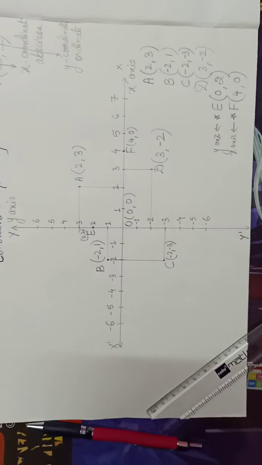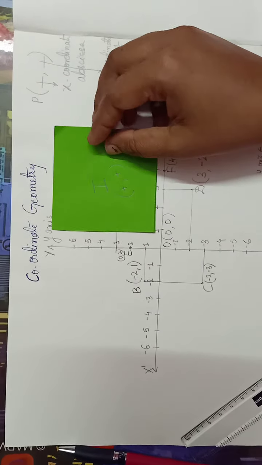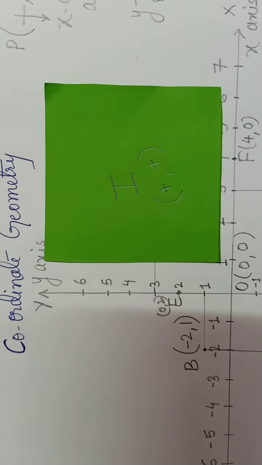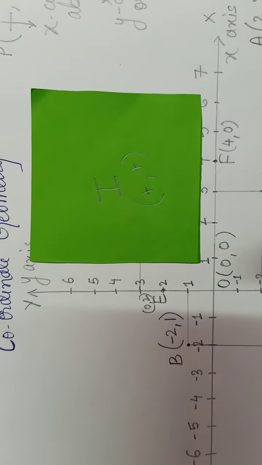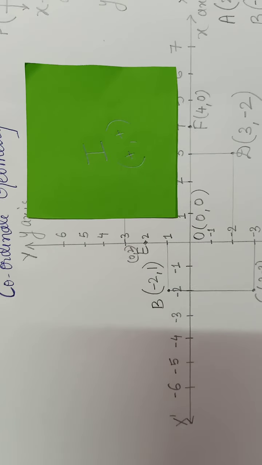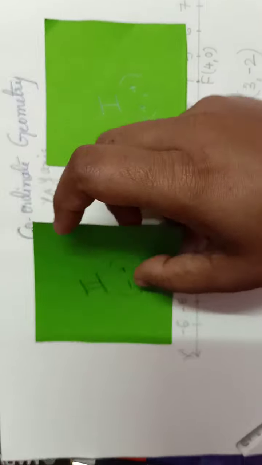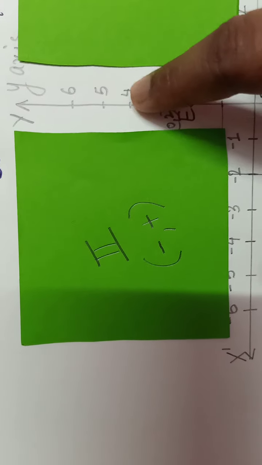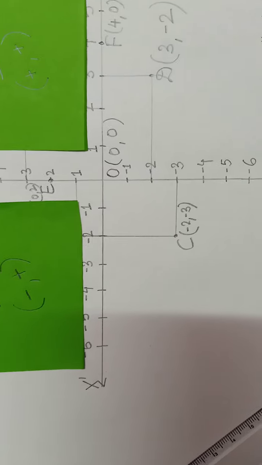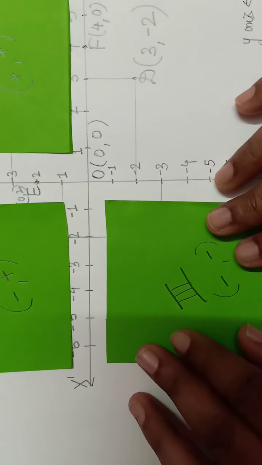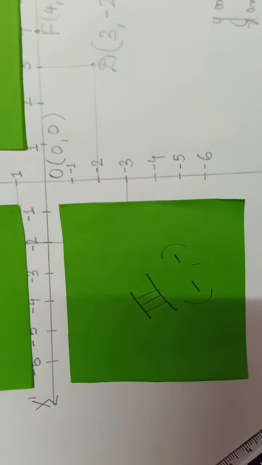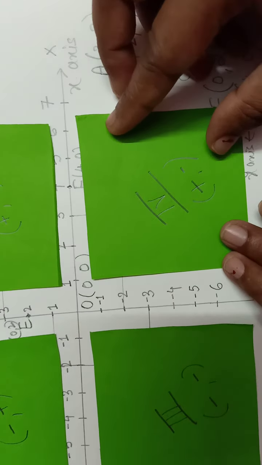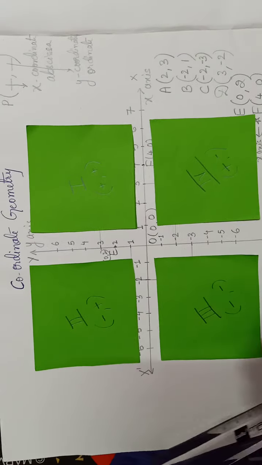So now you must have understood that the first quadrant is the quadrant in which your x coordinate and y coordinate both are positive. For the second quadrant, you will have x coordinate negative, y coordinate positive. For the third quadrant, x and y both are negative. For the fourth quadrant, your x is positive and y is negative.